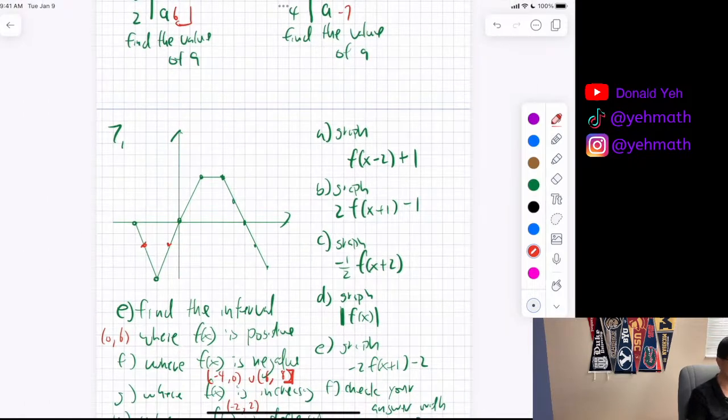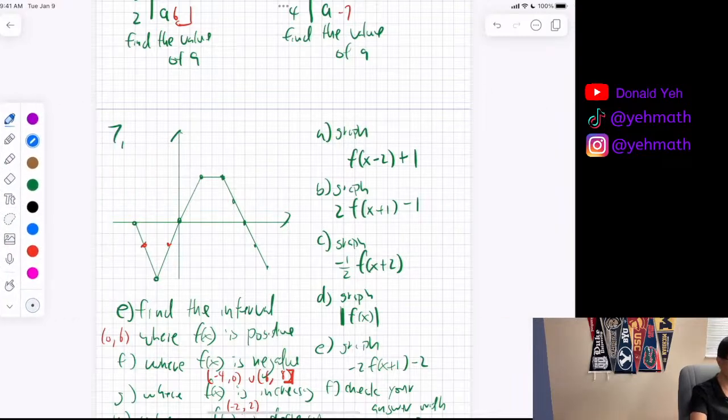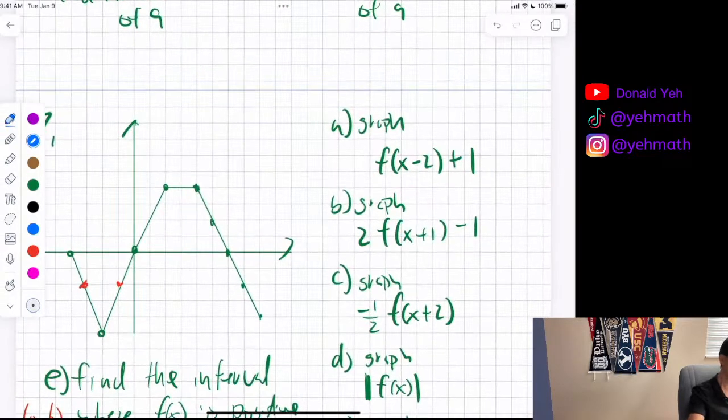The first graph, I'm gonna use blue. I'm gonna see if Emerson's way works for the all-in-one graph. It does. Okay. Save space. So if I move this one, it's just gonna be right 2, up 1, because inside of parentheses is always opposite.